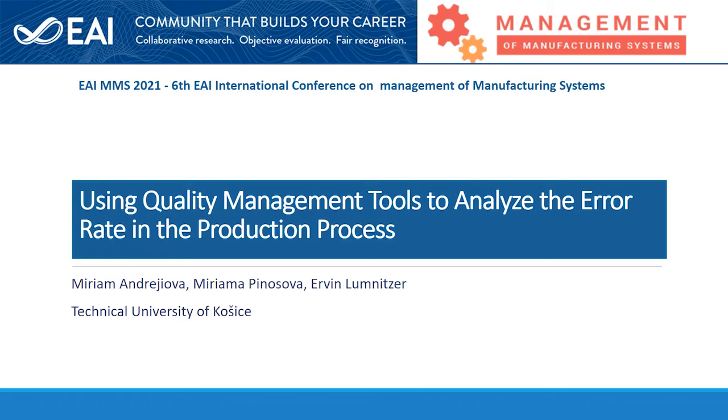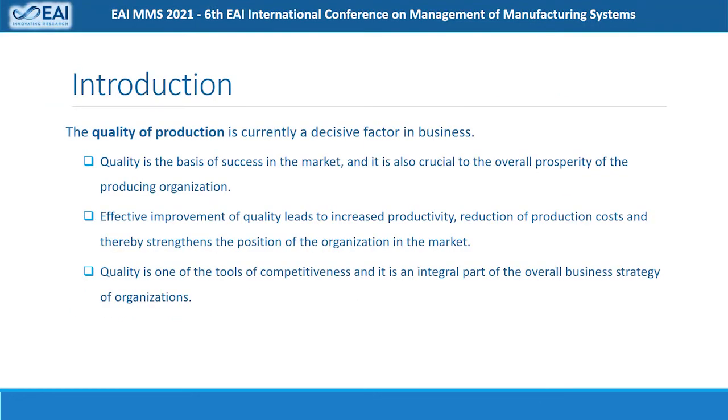Today I will present the results of our research titled Using Quality Management Tools to Analyze the Error Rate in the Production Process. The quality of production is currently a decisive factor in business. It is the basis of success in the market, and it is also crucial to the overall prosperity of the producing organization.